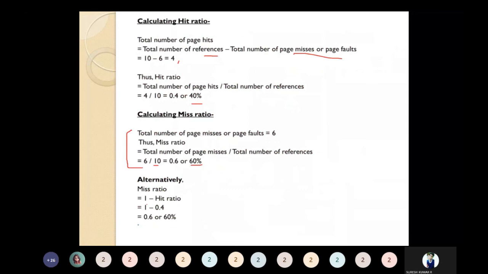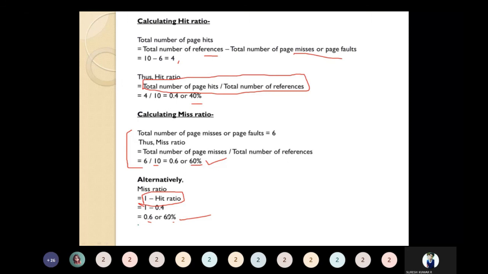Otherwise, we can calculate the miss ratio as 1 minus the hit ratio. So 1 minus 0.4 gives 0.6, or 60%. We can calculate in either way, but both answers are the same. The hit ratio is the number of page hits divided by references, and the miss ratio is 1 minus the hit ratio.